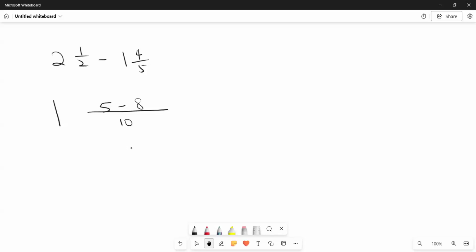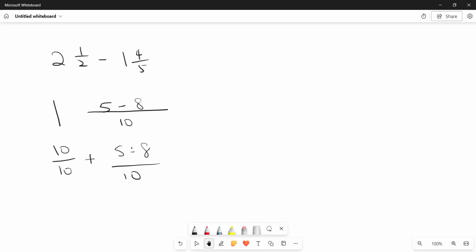So every way of handling this, maybe your primary school teacher will tell you that this 1 is basically 10 over 10, right? Because the numerator here is 10. So the 1 is like 10 over 10. There's a plus sign here, even though we don't normally write it, plus 5 minus 8 over 10.